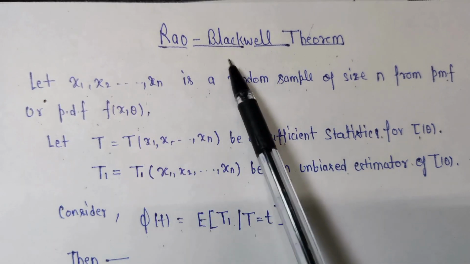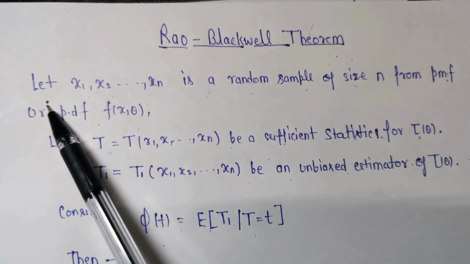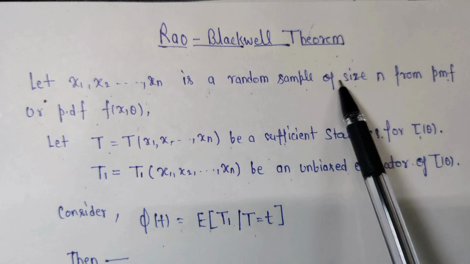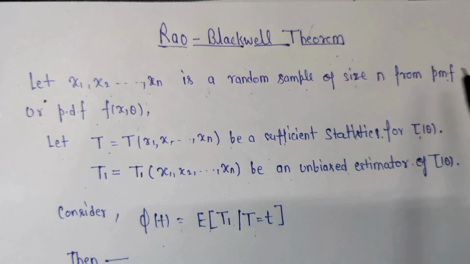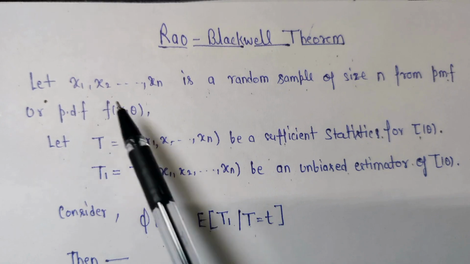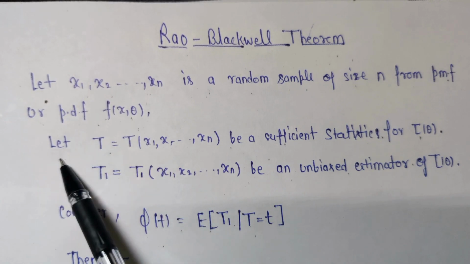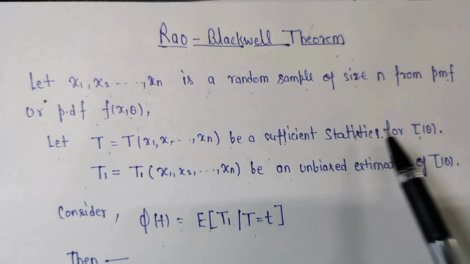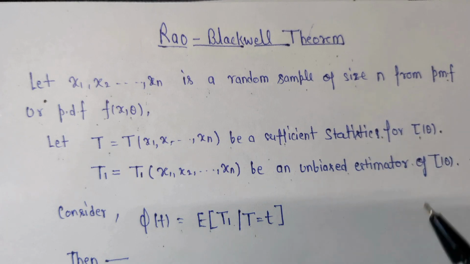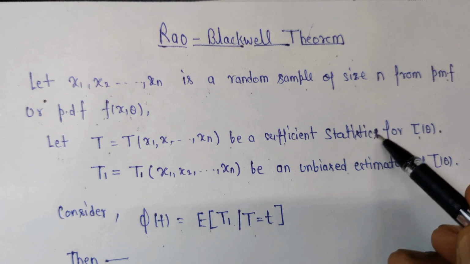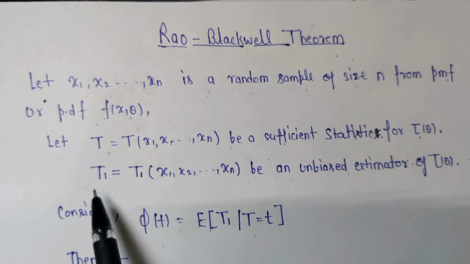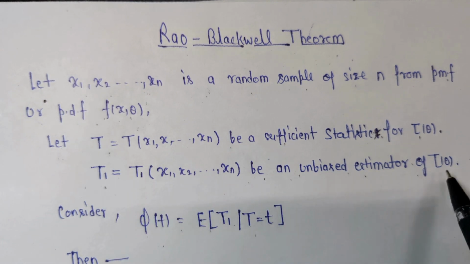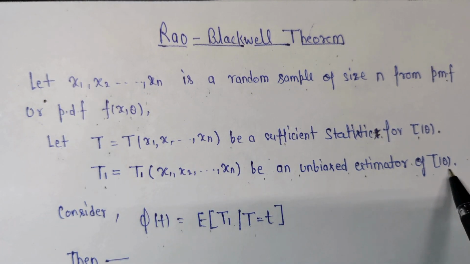So the statement of the Rao-Blackwell theorem is: let X1, X2, ..., Xn be a random sample of size n from a probability mass function or probability density function f(x, theta), and let capital T be a sufficient statistic for tau theta, and capital T1 be an unbiased estimator of tau theta.